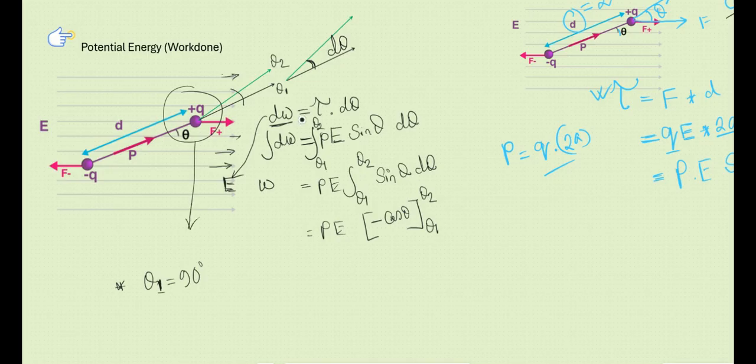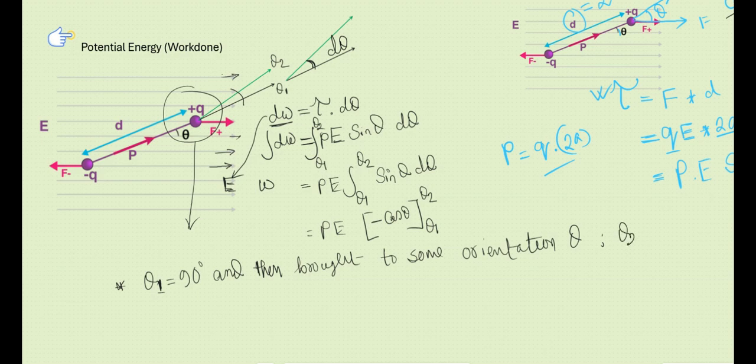So what I'm saying is, the very first orientation is perpendicular to the direction of the electric field, theta 1 equals 90 degrees, and then it is brought to some orientation, an angle of theta. It means theta 2 is equal to theta.